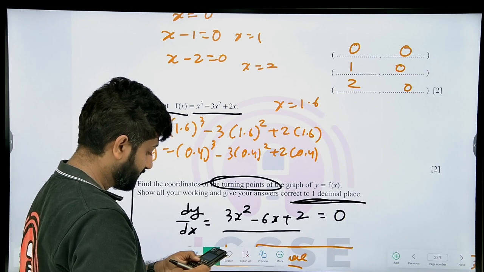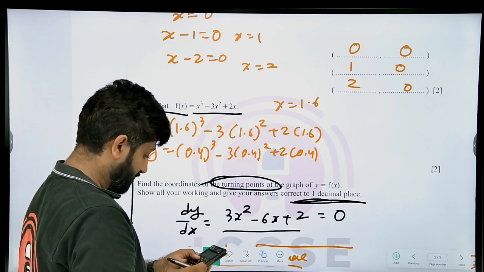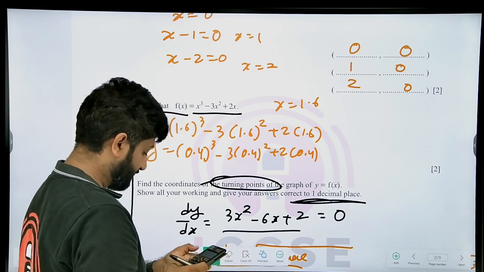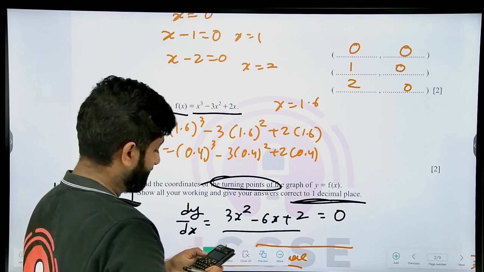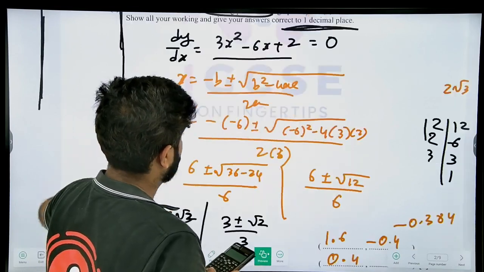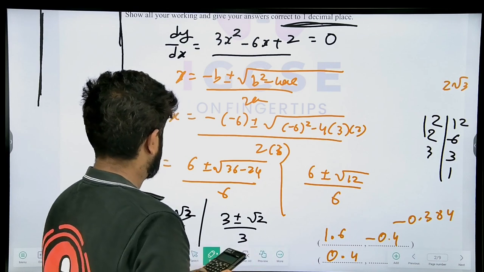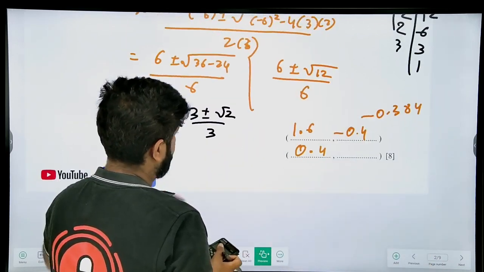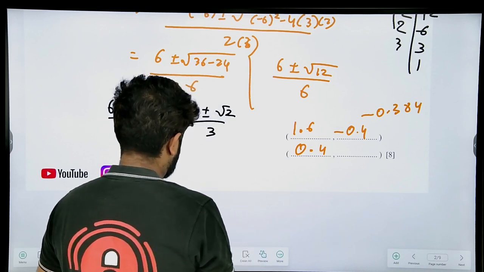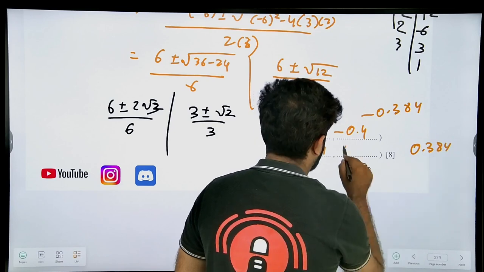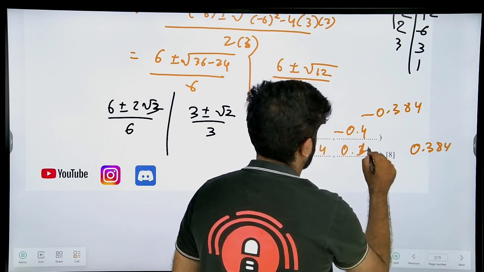At this point the value of y is positive 0.384, or I read it as 0.4.